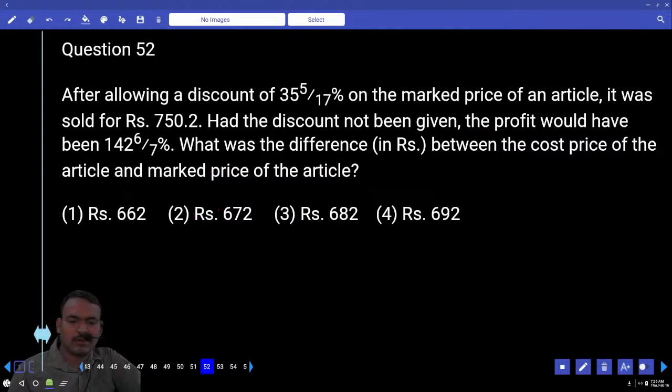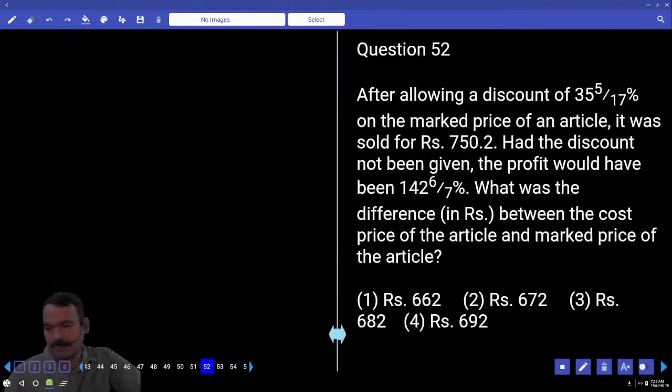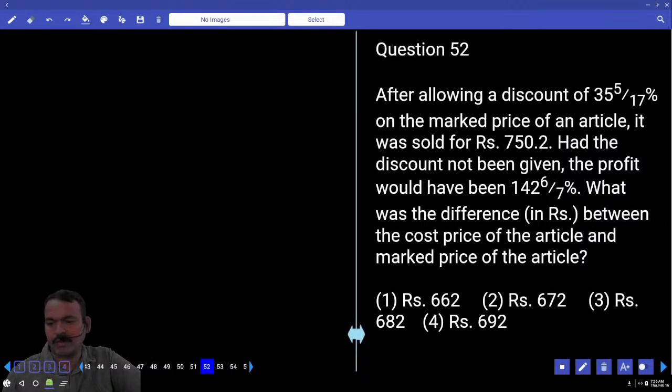Next, question number 52. After allowing a discount of 35/17 percent on the market price of an article, it was sold for 750.2. Had the discount not been given, the profit would have been 142.6/7 percent. What was the difference between the cost price and the market price of the article?